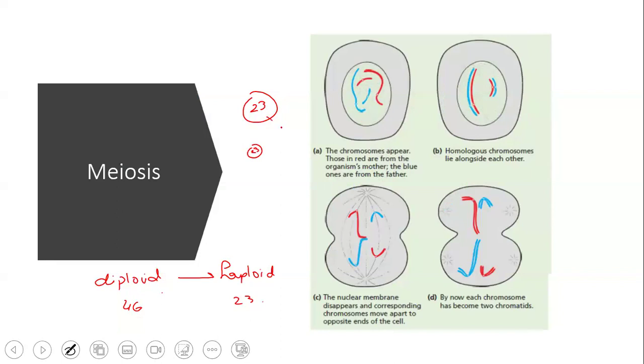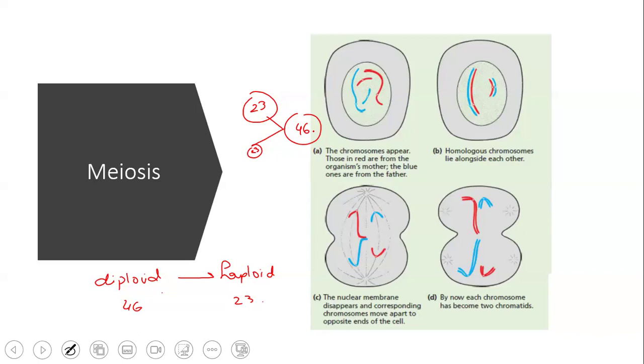So, when fertilization is going to occur, the 46 chromosomes will be restored, right? 23 from the male, 23 from the female. Combine them together, you get 46, right? If both the male and the female gamete had 46 chromosomes, when you combine them, you would get a huge number of chromosomes. That's not how the body works, right? For it to be a human, it has to be 46 chromosomes. So in meiosis, the number of chromosomes is half.